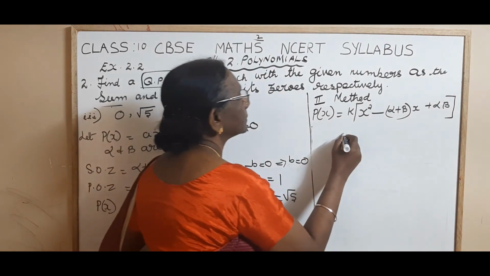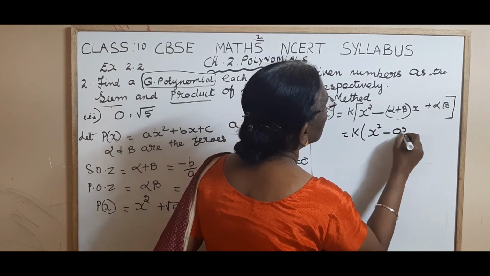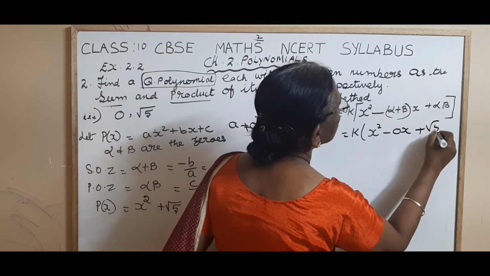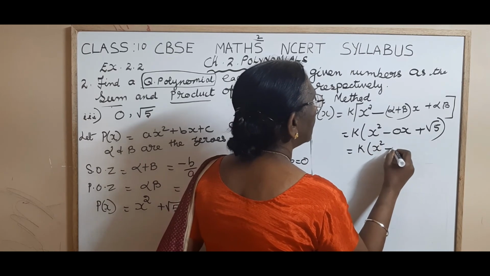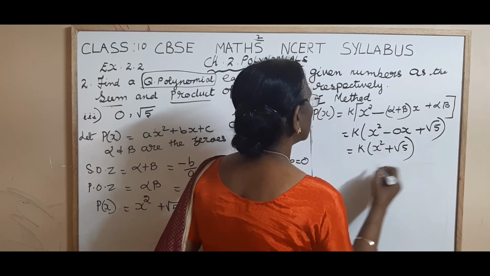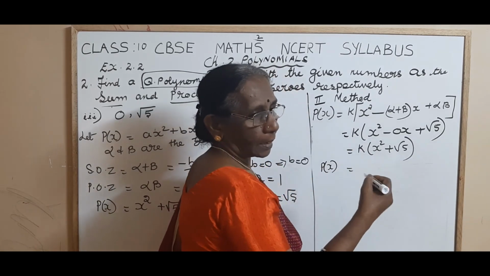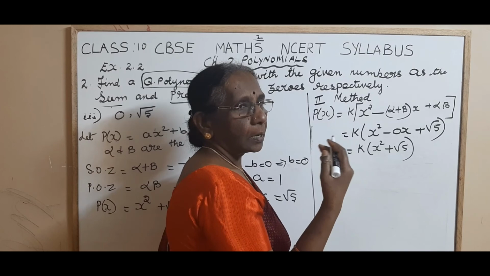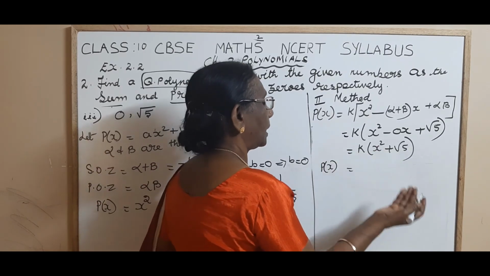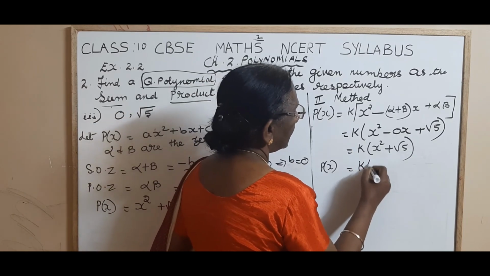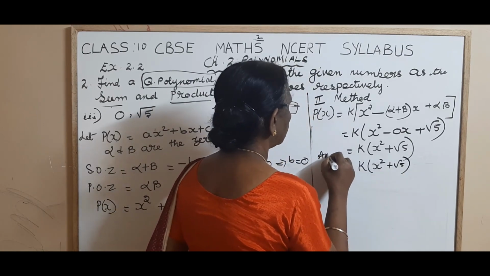And here, k into x squared minus 0x plus root 5, so that is k into x squared plus root 5. So P of x is equal to k into x squared plus root 5, where k can take any value. In the previous questions, in the first question k was 1 by 4, in the second question it was 1 by 3, and here k can be any value. So you can write k into x squared plus root 5. This is the answer.